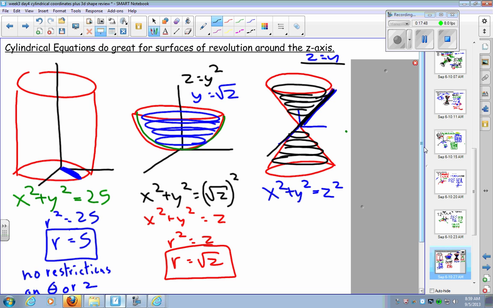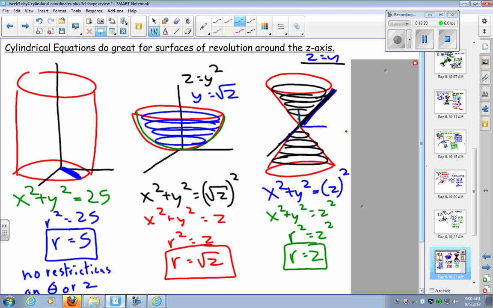So I have x squared plus y squared equals z squared, but you might want to think of it as z, that's my radius function, squared. So when I simplify, I got x squared plus y squared equals z squared. R squared equals z squared. So r equals z.